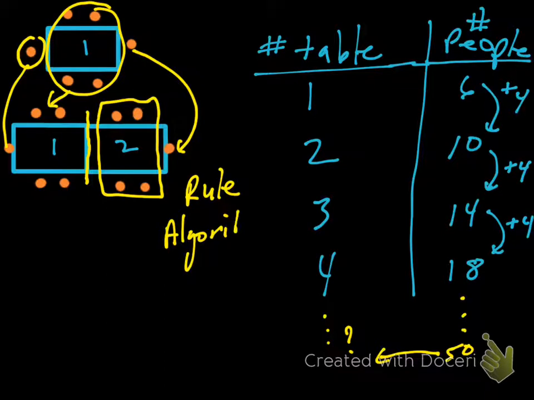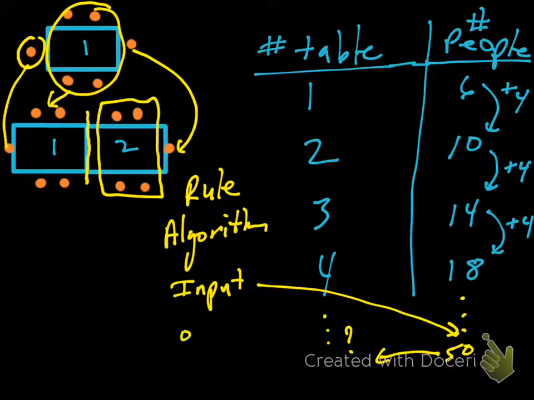That way, if we figure that out, we can pretty much input, and here's some other vocabulary, we want to input a certain number of people to be able to get our output.